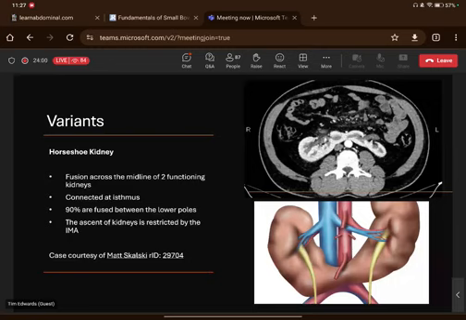At the point where they connect, so on this CT here, this area is called the isthmus. 90% of them are fused at the lower poles, and the ascent of the kidney is restricted by the inferior mesenteric artery. And we have got some more imaging of the horseshoe kidney later.